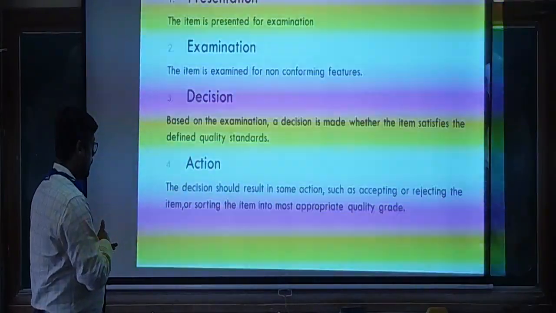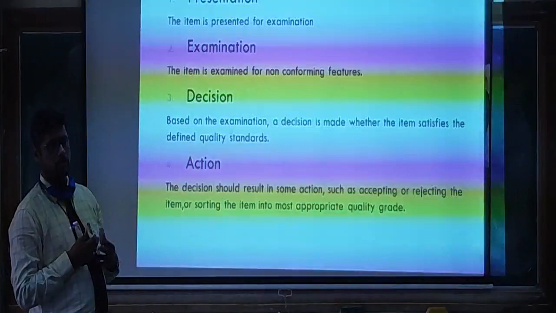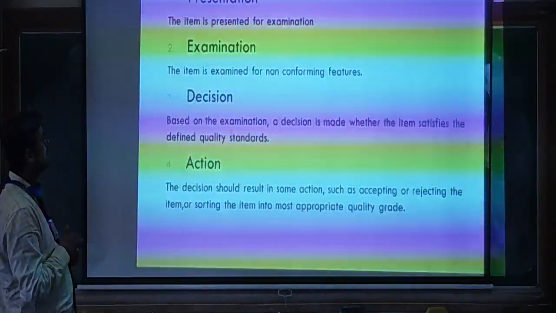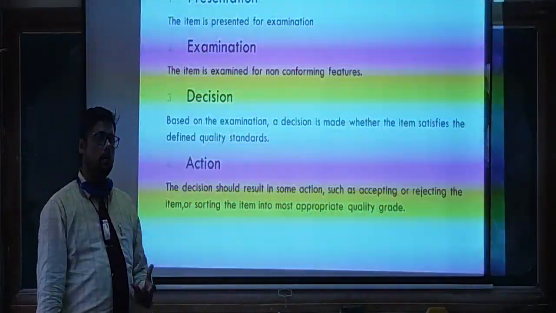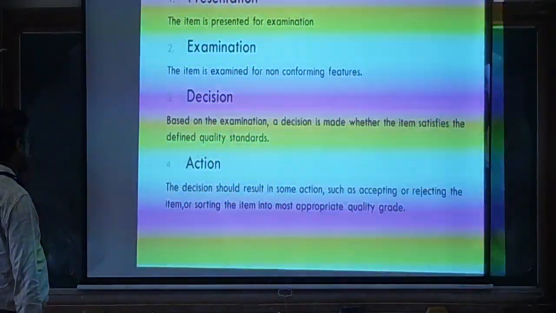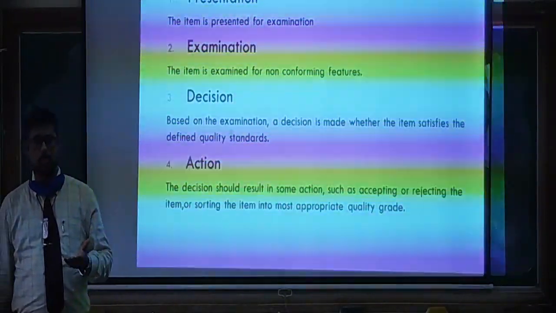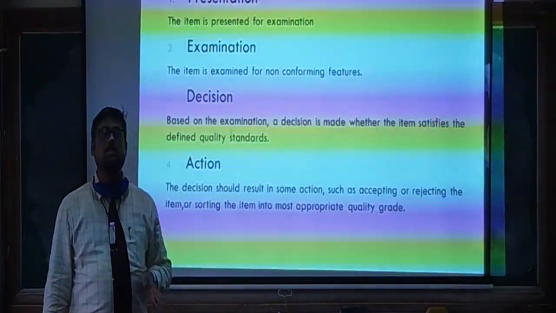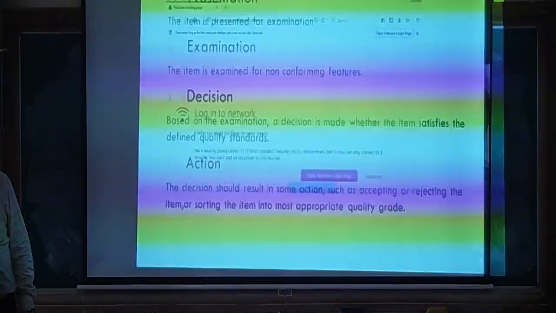Then other techniques are there, destructive testing and non-destructive testing, which are also inspection methods. But the first procedure is presentation, how you are going to present that particular part for inspection, and how you check all the parts, whether with visual inspection, non-destructive testing, or destructive testing. So this is the first part, the visual inspection, that is the presentation.